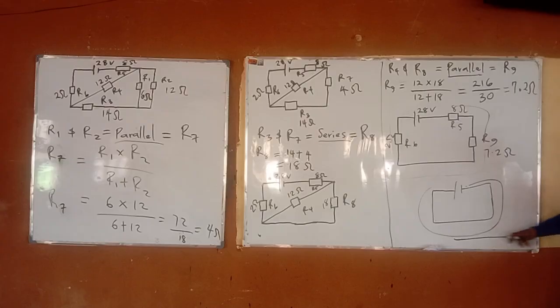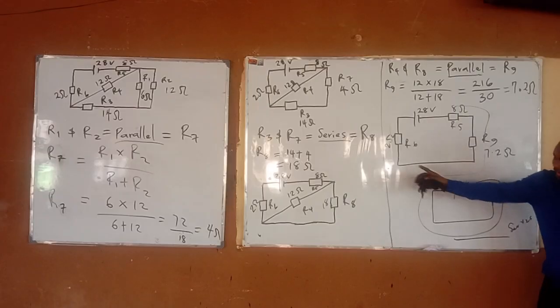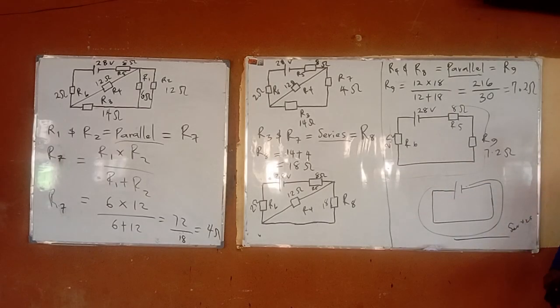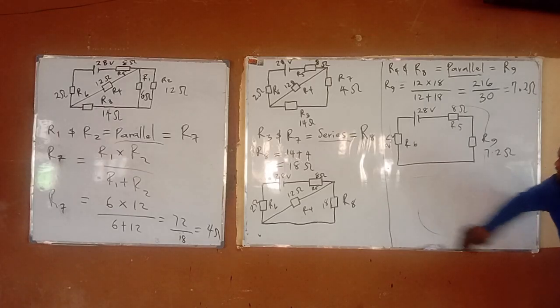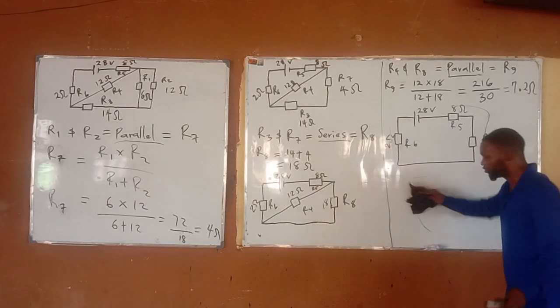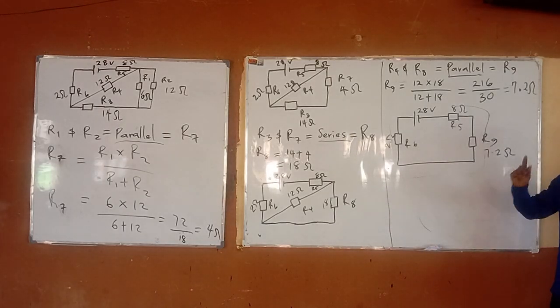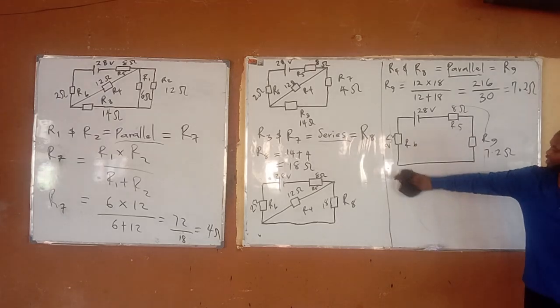And once you have a straight line, it means series. So the whole of the resistors I have here is in series. For that reason, I will not do it again. I will simply use the one voltage principle; it will never fail you.